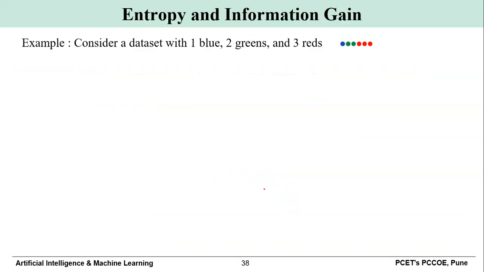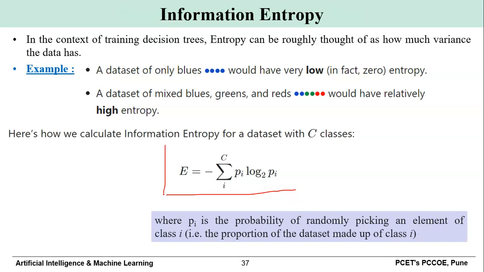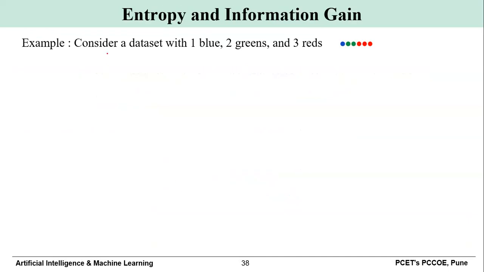So in order to understand how this particular mathematics is used to calculate the value of entropy, we will take one example. Consider a data set of one blue dot, two green dots, and three red dots. So total six dots are there.